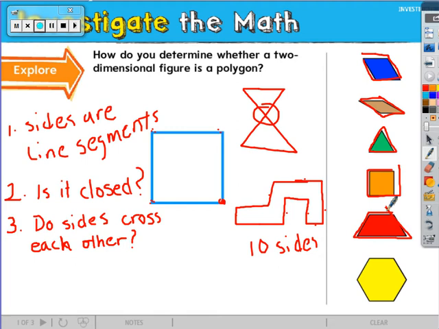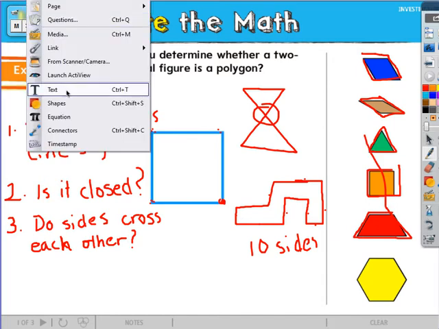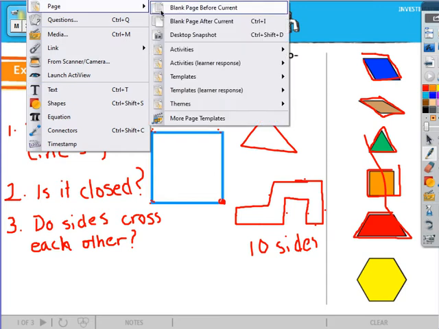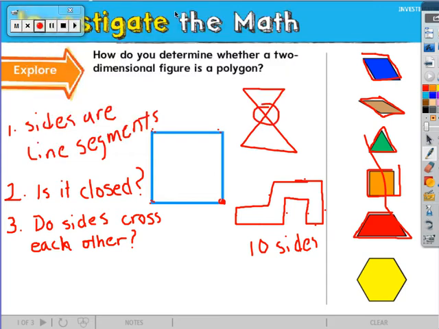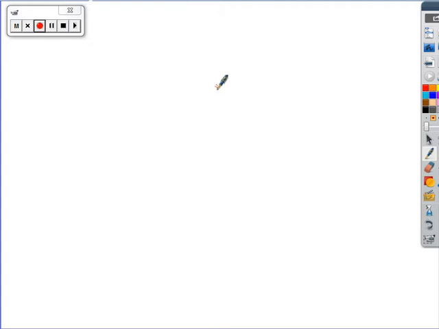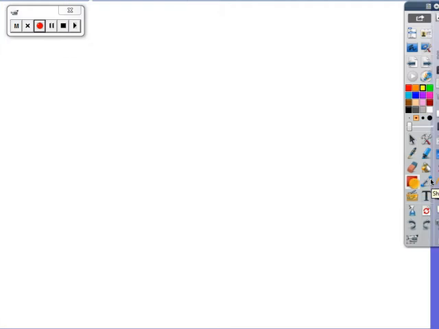Trapezoid. All right, I'm going to show you how I always remember trapezoid. We'll insert a page right here because I think that this is important. Okay, so trapezoid. I don't have a trapezoid to pick, so I have to draw one.